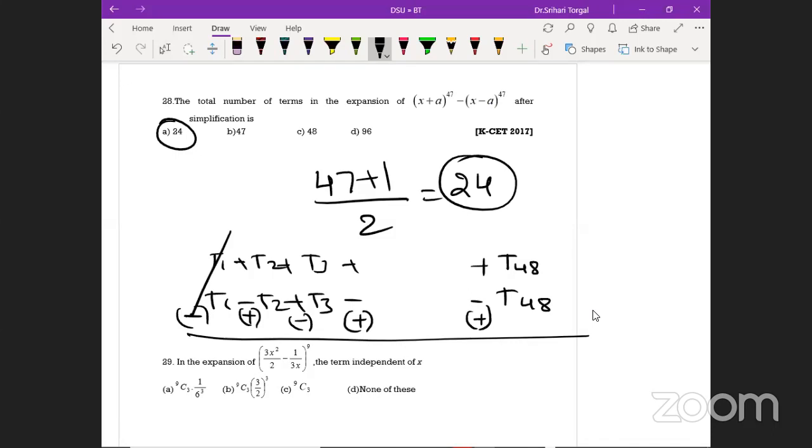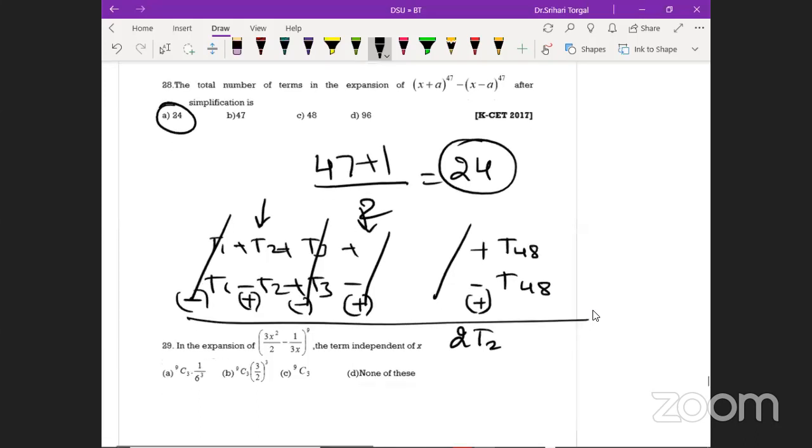And the first term, these terms will get cancelled. 24 terms will get cancelled and 24 terms will remain. T2 plus T2 will be 2T2, right? Yes, sir. That will not be considered as two different ones. Okay, right? Thank you, sir.